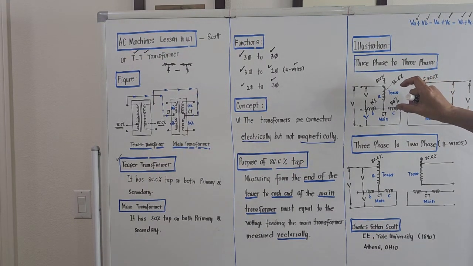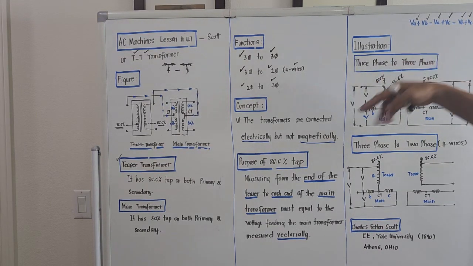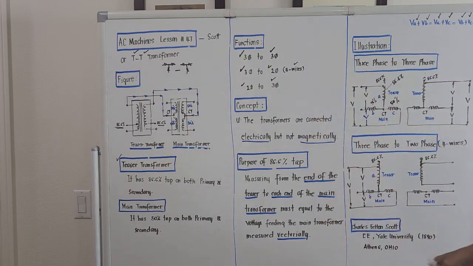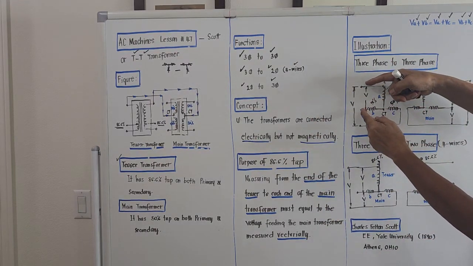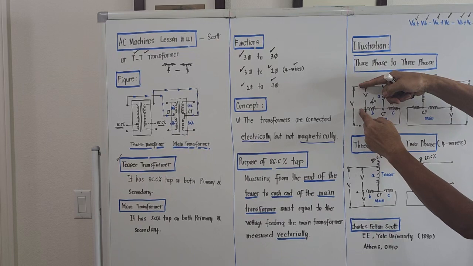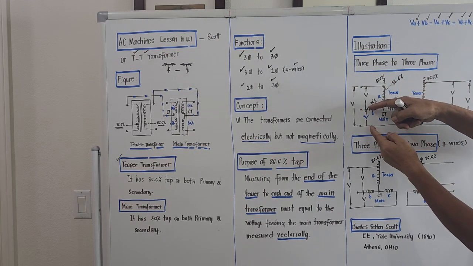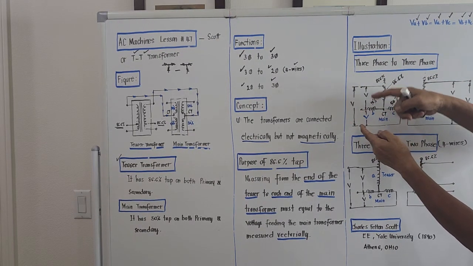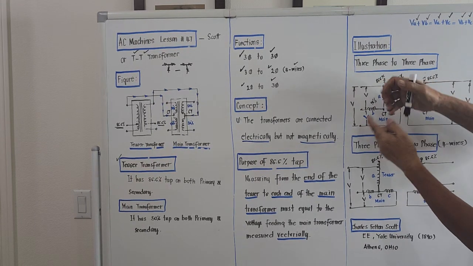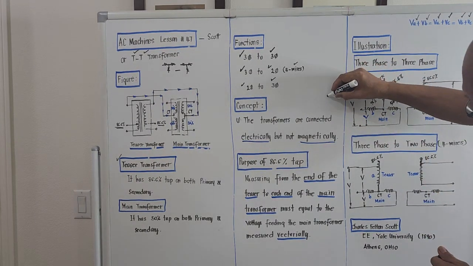If there is an 86.6% tap over here and 50% here, according to this description, if we measure the voltage across this, it should be equal to the voltage across this, and this should be equal to the voltage across this. So actually, we are having a three-phase.